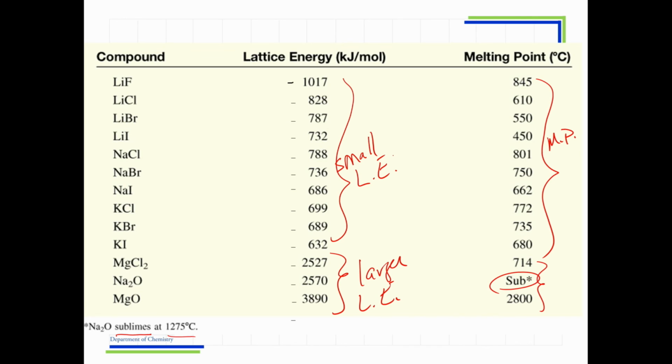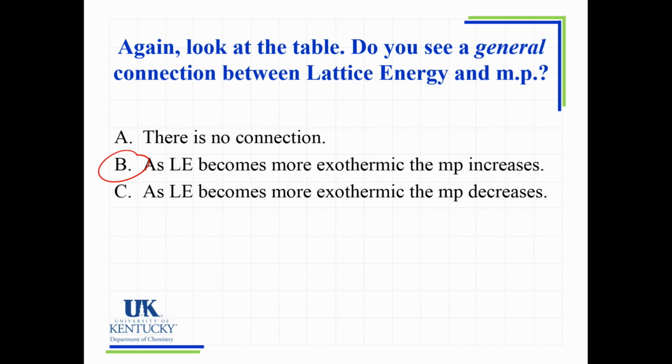So that's a high temperature there. In general, these are higher than those. Now if we whittle down inside of here, and do some comparisons down on this level, we've got our larger negative lattice energy here with a larger melting point. Pick one of the smaller ones. Here's a smaller one, and it has a smaller melting point. So that is the general trend that we will see there between melting point and lattice energy.